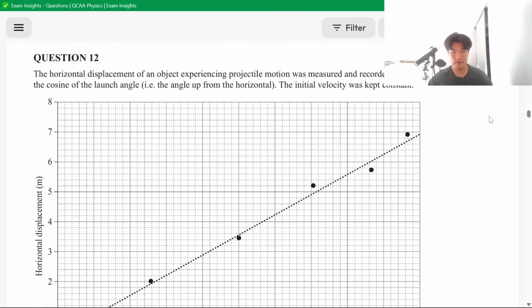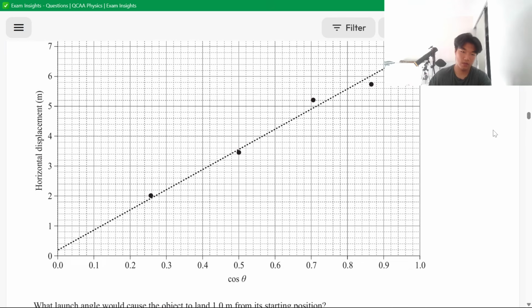Okay. The horizontal displacement of an object experiencing projectile motion was measured and recorded against the cosine of the launch angle. The initial velocity was kept constant.